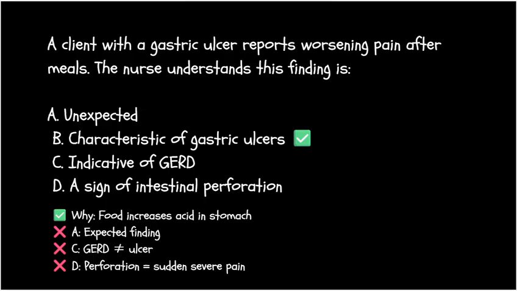All right? And then we have a sign of intestinal perforation. I mean, no, a perforation is more about severe pain, sudden severe pain that occurs out of nowhere. It's a stronger level of pain.